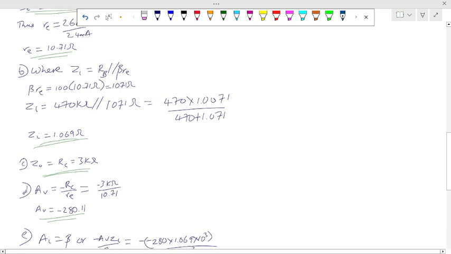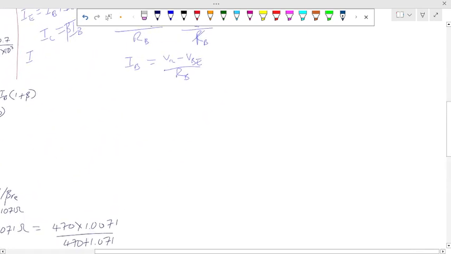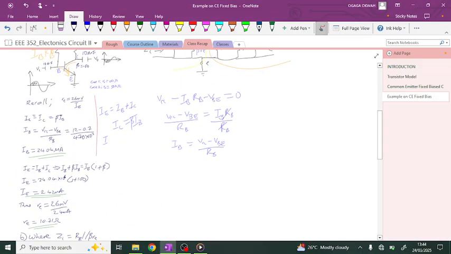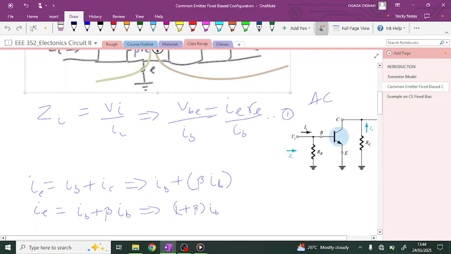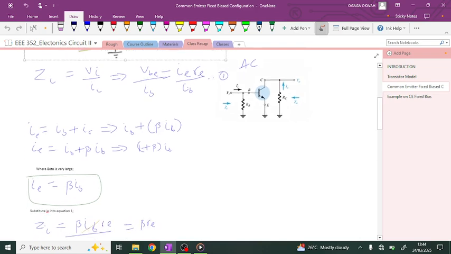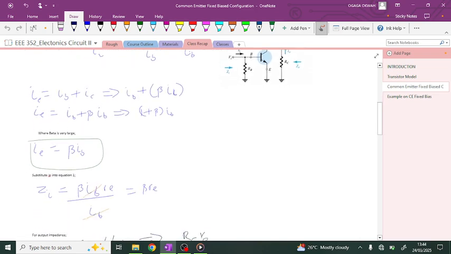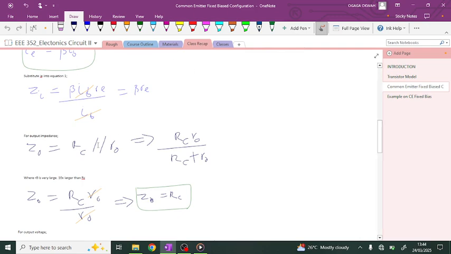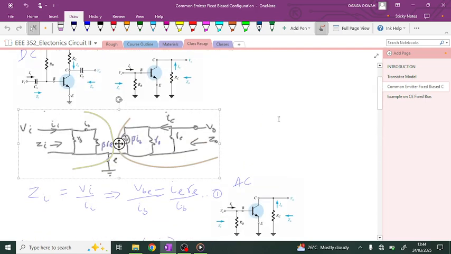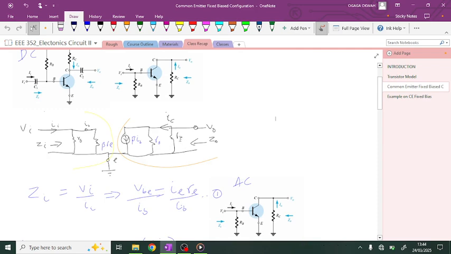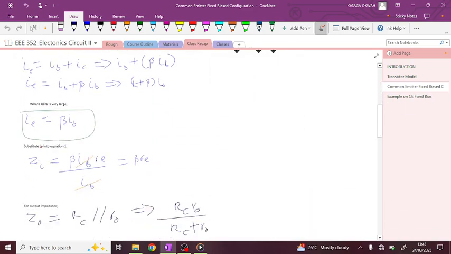Why? Recall, I just have to go back to the slide so I don't write the whole thing again. Recall, we said in the previous video that RC is parallel to RO. Look at it now. RC is parallel to RO, just like we did for the input side. This parallel to this. For the output side, this parallel to this. But the thing is this.